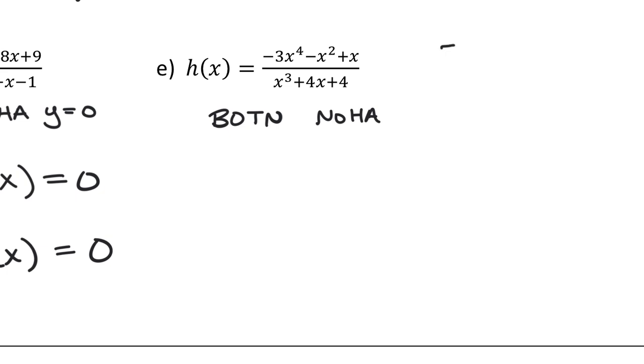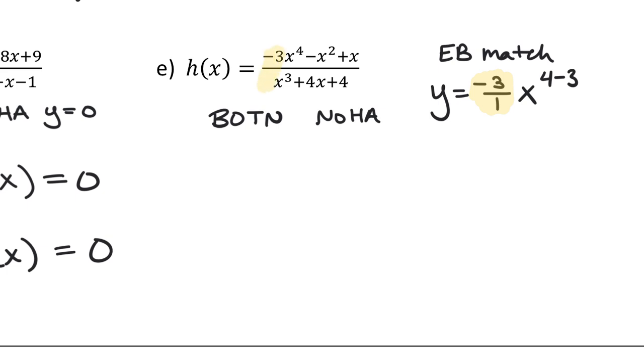We're going to tell ourselves that the end behavior of this graph is going to match a polynomial that has a leading coefficient of -3/1 and a degree of 4 minus 3. Where did I get all of that from? Where did I get the -3/1 from?